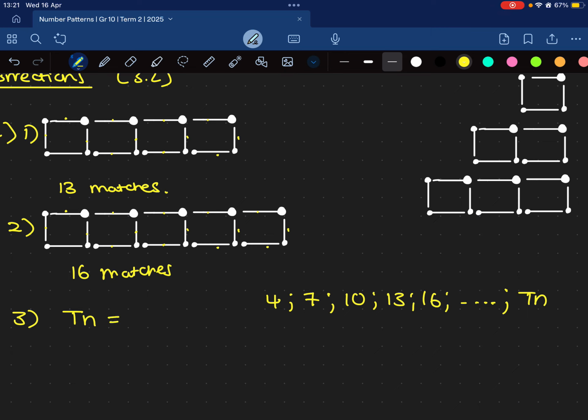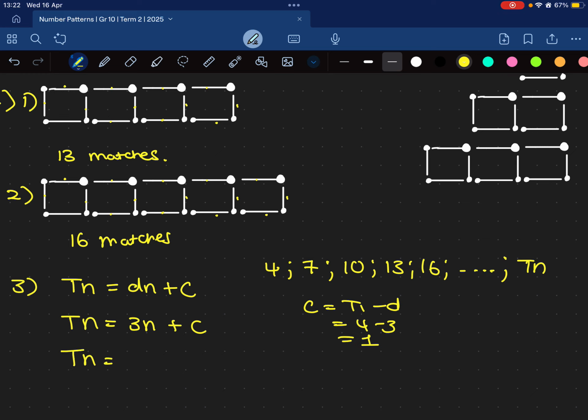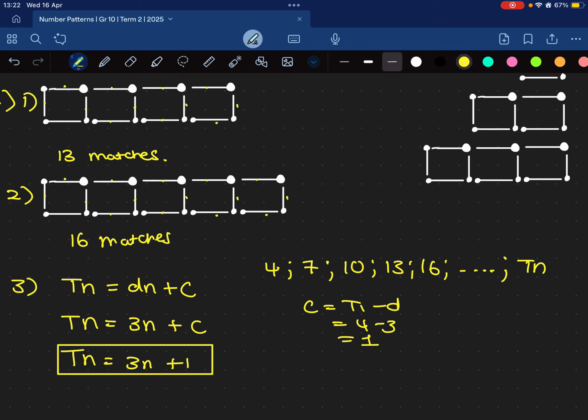So Tn is going to be Dn plus C. I'm sure you can tell the difference is 3, because we just keep adding 3. So C is equal to T1 minus D, and 4 minus 3 is just 1. So Tn is going to be 3n plus 1. That is the general term for that one.